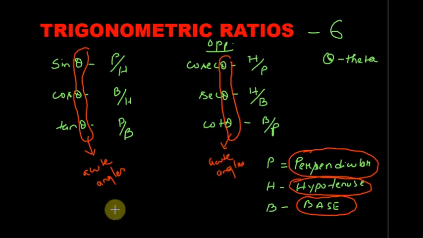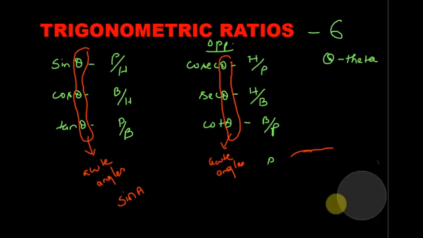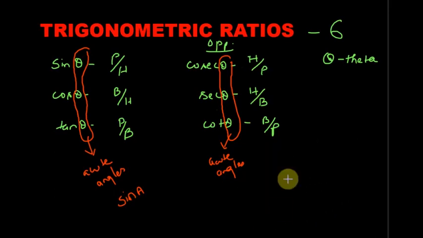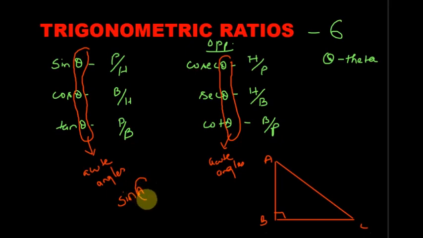For example, if we have sin A in the question, and then let's say this diagram ABC has been given in the question. So just now what I said, the term attached with the trigonometric ratio is the acute angle, right?